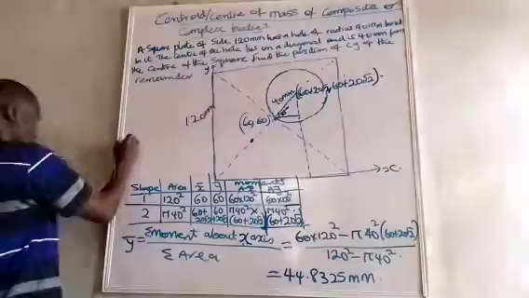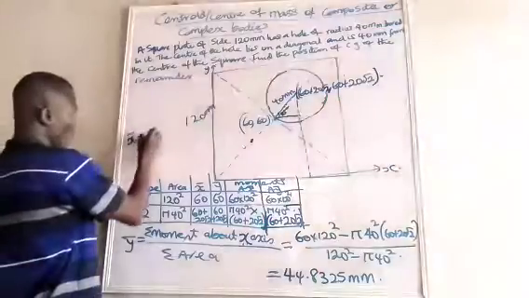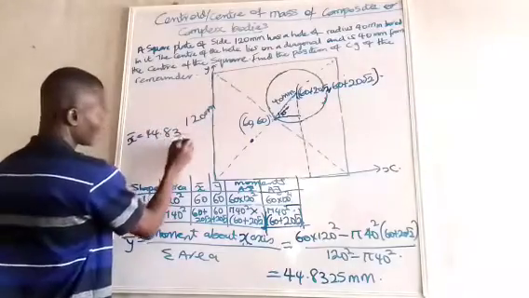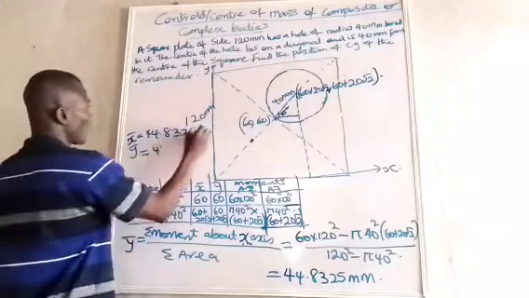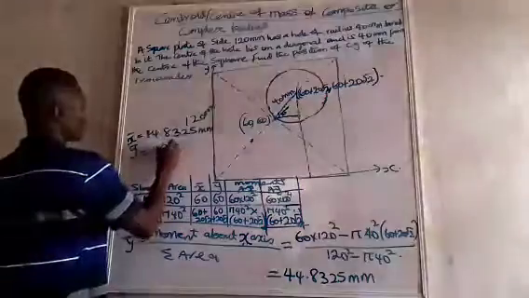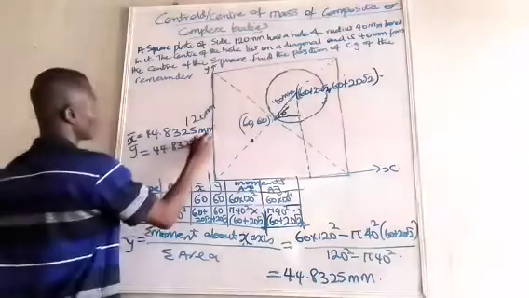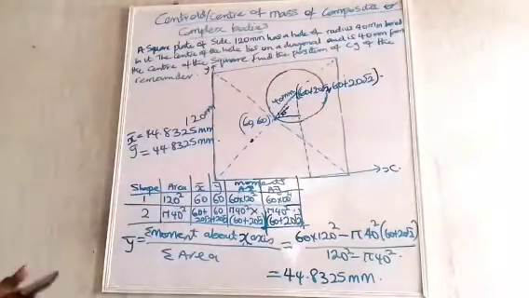So our x is equal to 44.8325 millimeters, and our y, as in the centroid, is 44.8325 millimeters. So that's the answer.